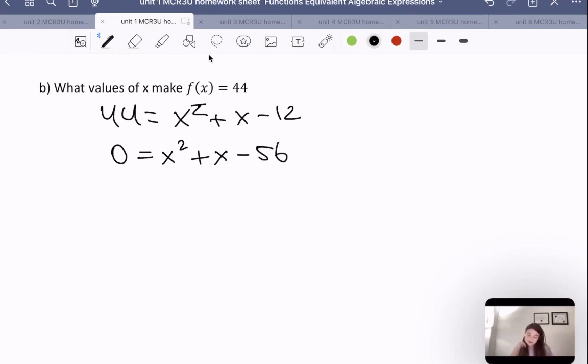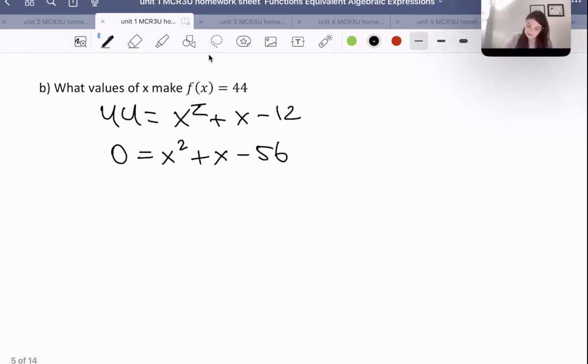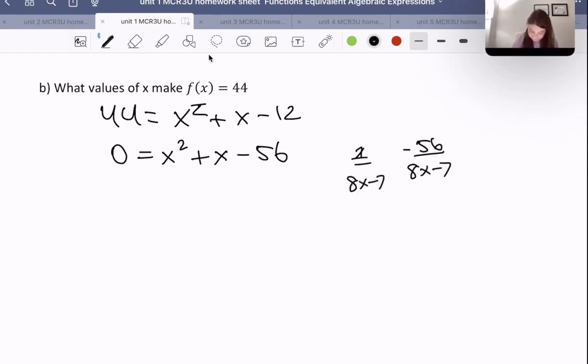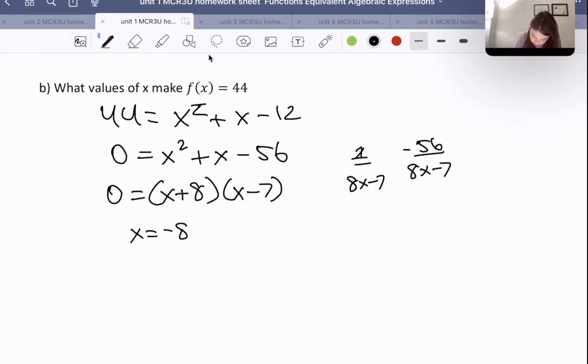Okay, so now I need two numbers that multiply out to negative 56 and add up to 1. So let's see, maybe 8 and 7, or some combination of that. Yeah, 8 and negative 7 would work. And so these are our answers.